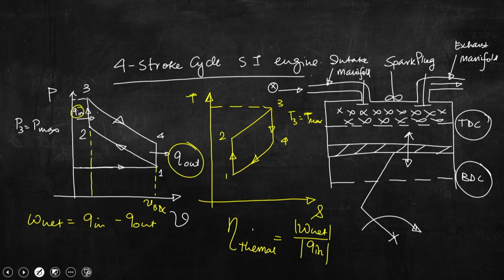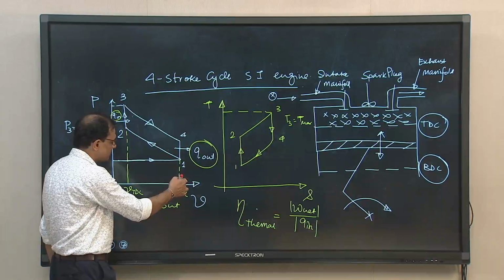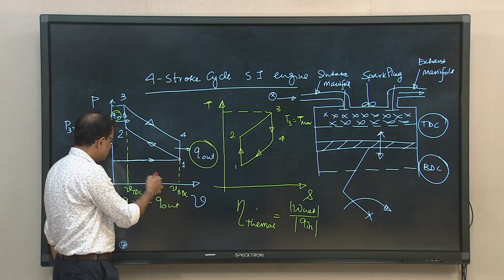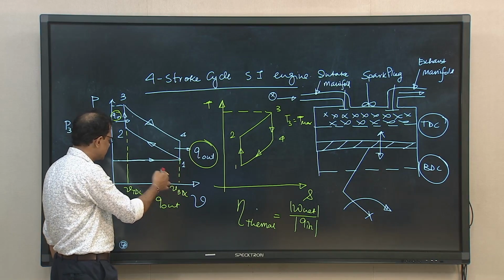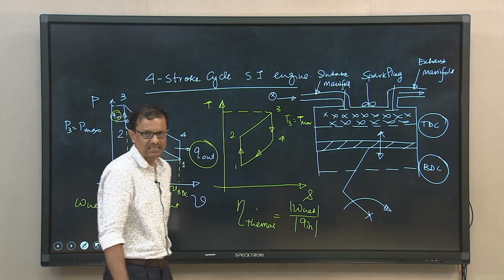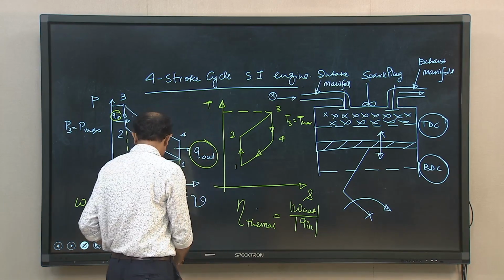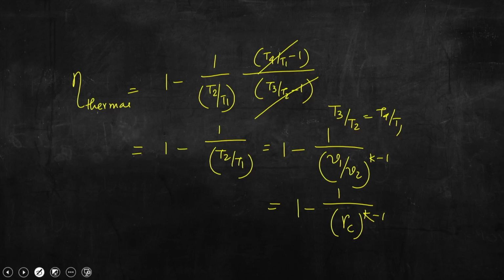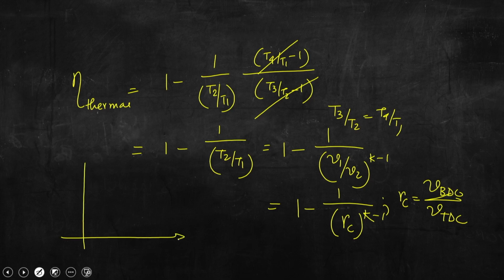As if we are trying to compress the volume from VBDC to VTDC. So, the ratio of VBDC to VTDC is known as compression ratio RC. So, we can write RC power k minus 1, where RC equal to VBDC by VTDC.